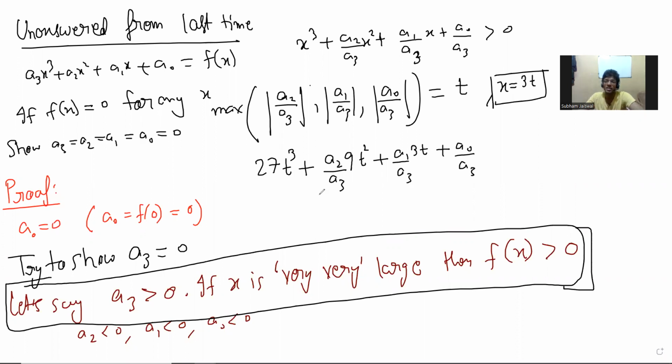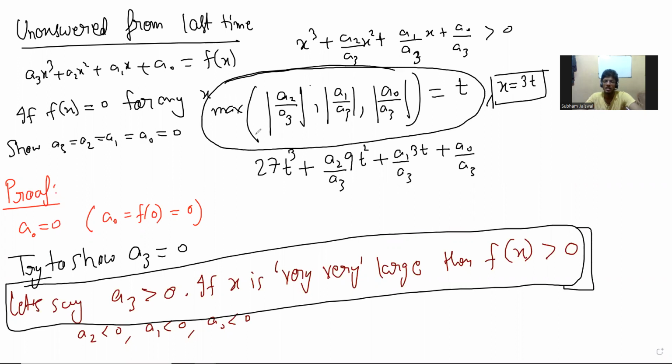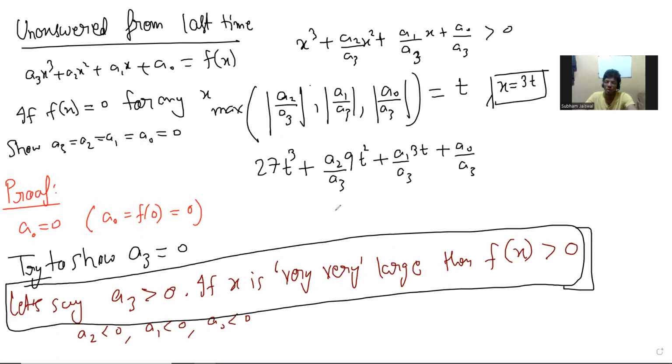No, it cannot be minus 3t, right? That's the point. The max is t, right? So the max is t. So what can you say? a2 by a3 is less than equal to minus t.